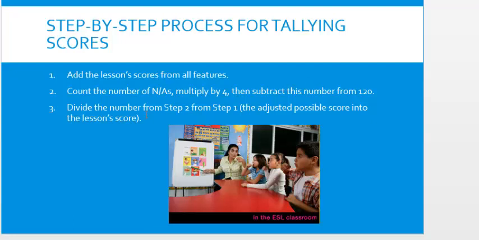And then you divide the number from step 2 by the number from step 1, and you get a percentage. So you can see, are you an 80% SIOP teacher? Are you an 85%, 70%?